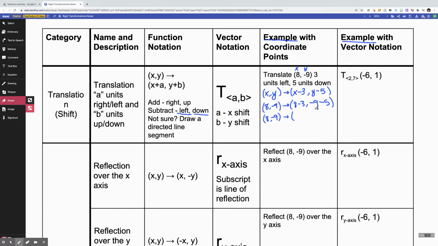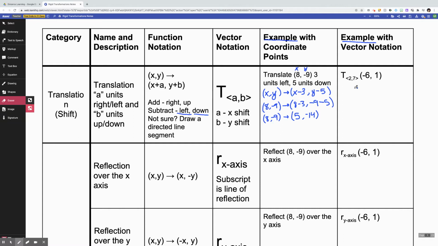So I have 8 minus 3, which is 5, and then -9 minus 5, right? They have the same sign, so I'm going to add the numbers and keep the sign. So 9 plus 5 is 14, and then I'm going to keep my negative sign. So what this means is that the point 8, -9 became the point 5, -14, okay?